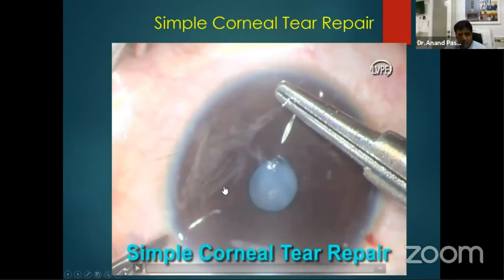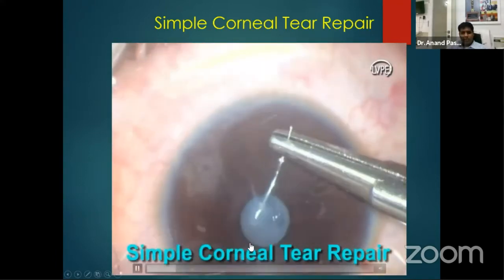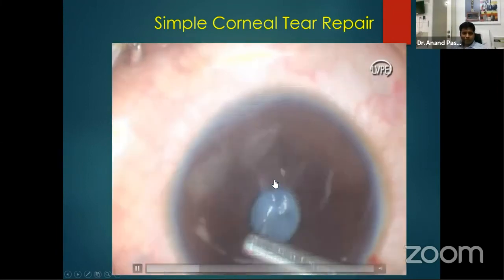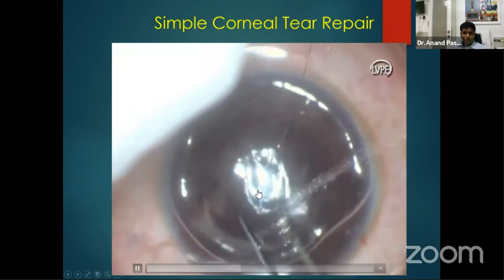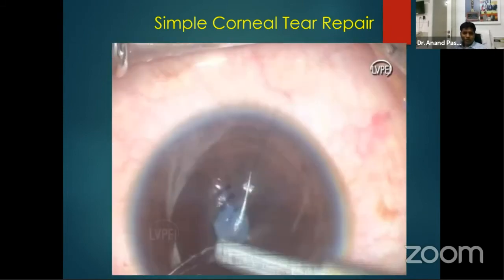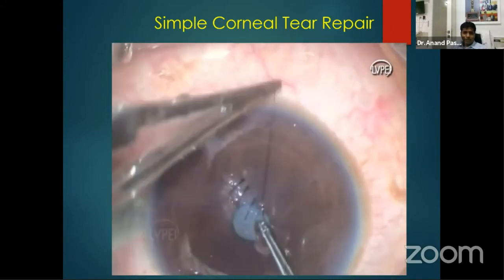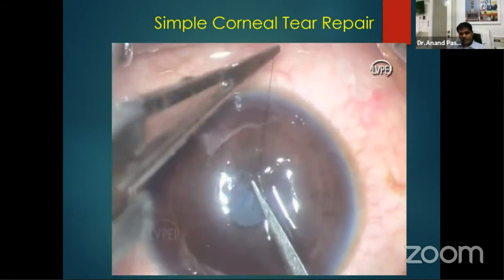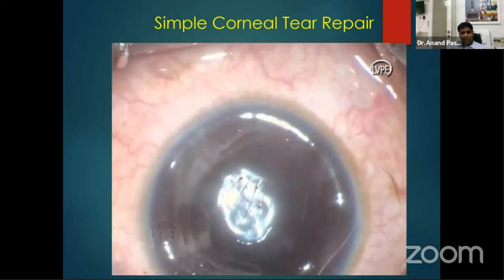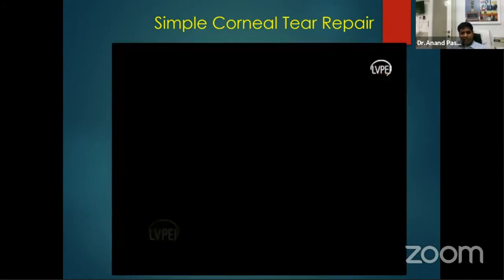This is a simple corneal tear, which is sutured primarily by taking perpendicular sutures to the laceration, and a simple closure is achieved and the suture knots are buried.